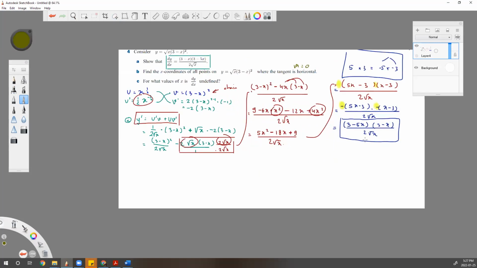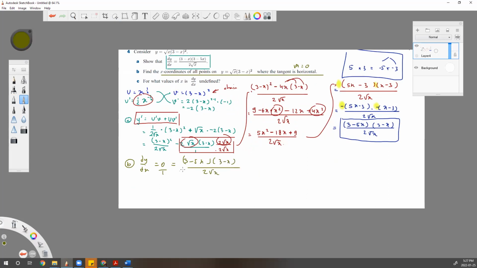Okay, so for question B, find the x coordinates where the tangent is horizontal. So dy/dx equals 0, which is (3 minus 5x) over 2 square root x, as we already got.